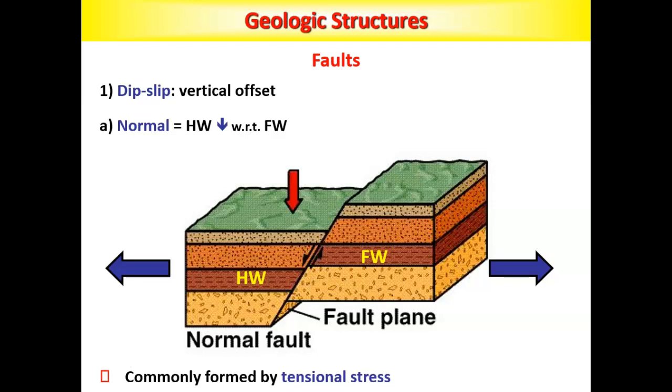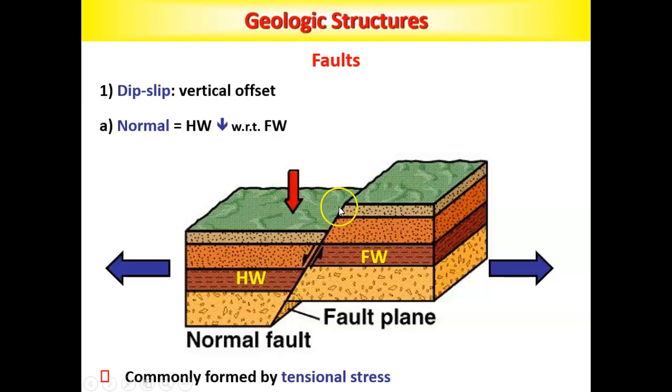Now, the layers close to the surface are colder and tend to be more brittle, so we can't stretch them like taffy. They don't want to deform that way. So this stress actually causes them to break, and pulling apart causes this type of fault to occur, where the blocks slide down.